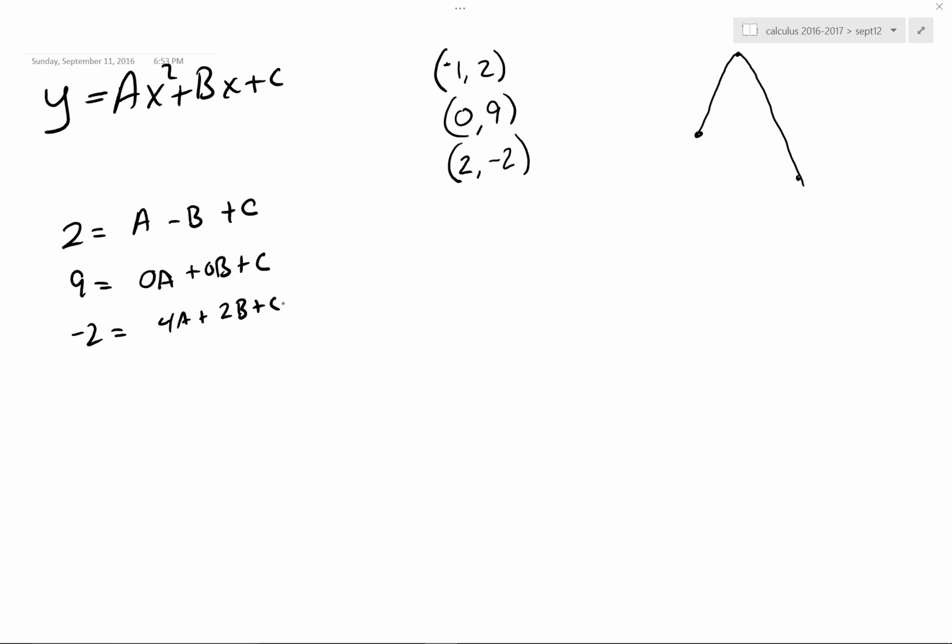Voila. Now, of course, if these weren't zeros, we'd have to do a little bit more work. But that just says, look, C is 9. So now I end up with this equation here, and this equation down here.